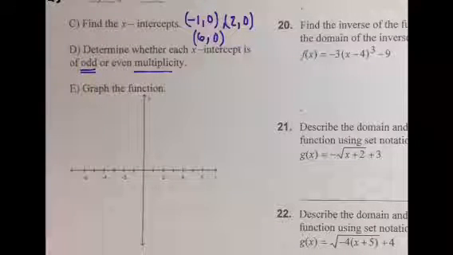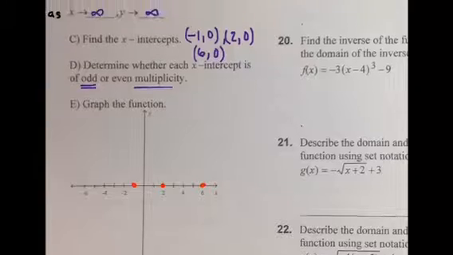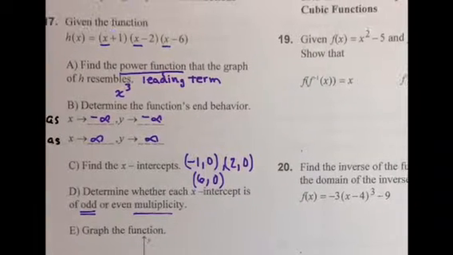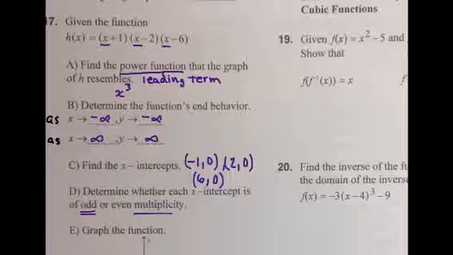So negative 1, 0, 2, 0, and 6, 0. Now I know it didn't ask you for the y-intercept, but you can just quickly replace the x's with 0, and here you get 1 times negative 2 times negative 6 is positive 12.